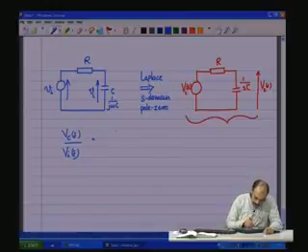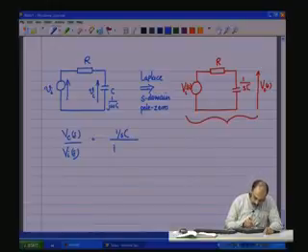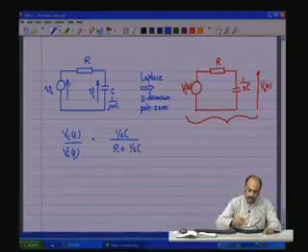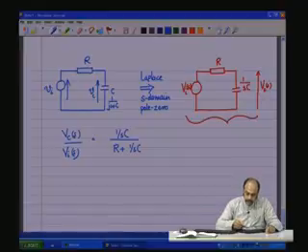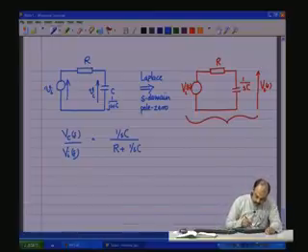So, you have 1 by S C divided by R plus 1 by S C. So, the voltage across the capacitance is this impedance divided by the total series impedance in the Laplace domain.